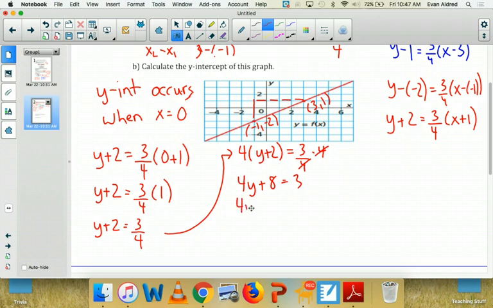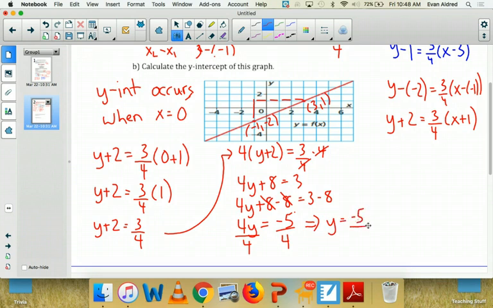Now we have some algebra that we've seen before. Subtract 8 from both sides. Gives us 4y equals minus 5. Divide out the 4, and you get y equals minus 5 over 4. No need to make that a decimal. Leave it a fraction, and it's fine.